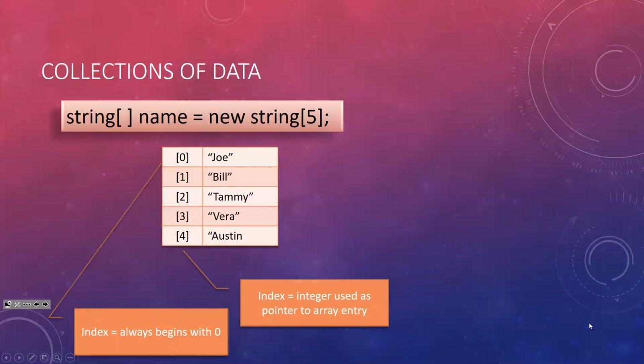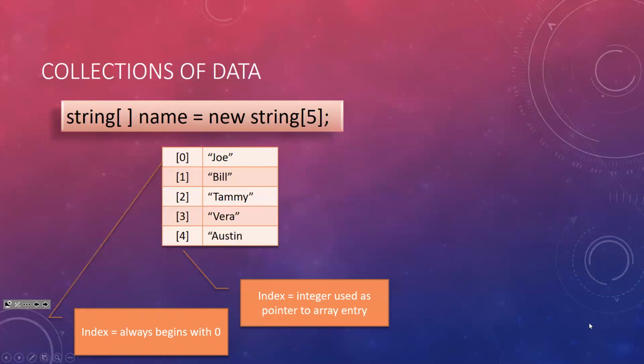Now, whenever we're working with an array, we have all of these entries in our array. In this case, we have these 5 strings, Joe, Bill, Tammy, Vera, and Austin. Well, to get to a specific string, we use an index, which is just a pointer into our array to tell us which entry we're looking at.